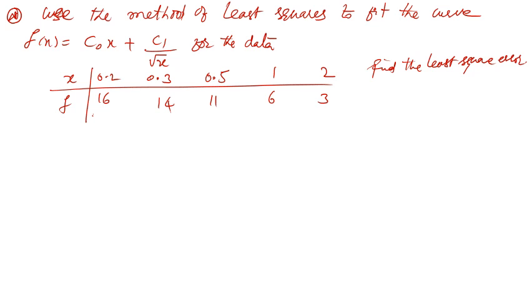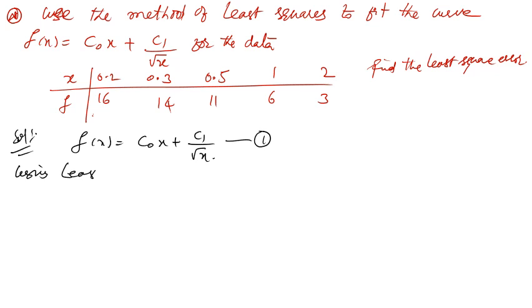Okay, this is the problem. Since the given curve f of x is c naught x plus c1 by under root x, this is not a straight line, not a parabola. So I have to derive the normal equations for this expression using least squares. Using least squares, we have to minimize I of c naught, c1.